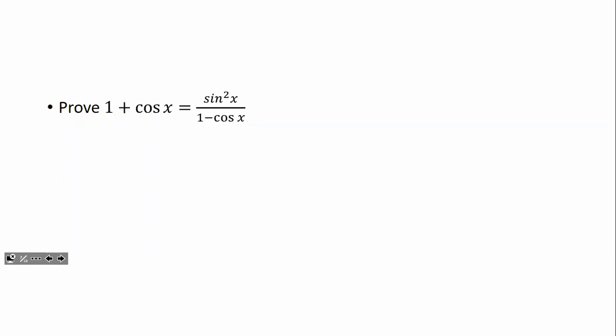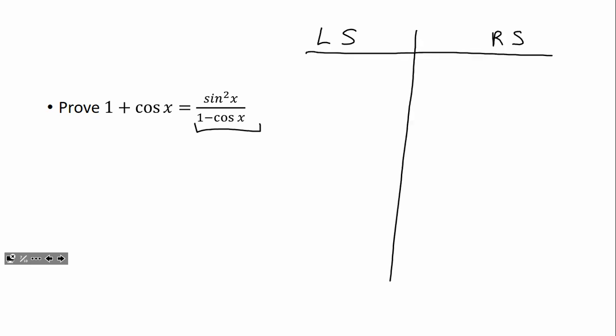So we'll just do an easy one. Prove that 1 plus cos of x equals sine squared x over 1 minus cos x. We obviously want to check this right side because it's the more complicated side. So we set it up as left side and right side. We write out what that left side is and what that right side is.